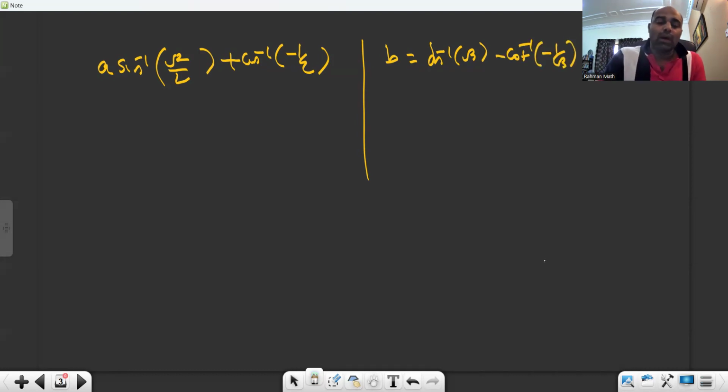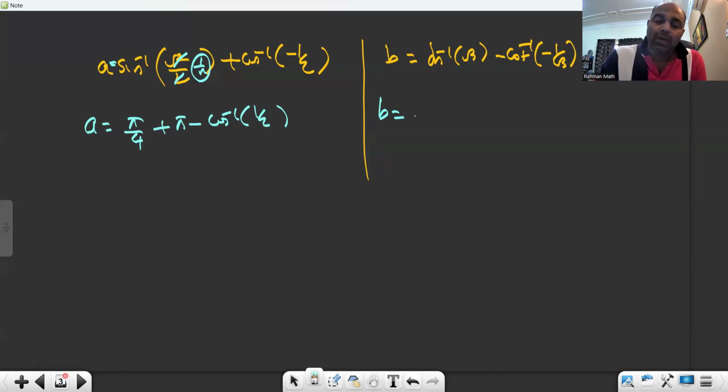The root 2 by 2 is what? 1 by root 2. Don't forget that. We can simplify A equal to sine, what is 1 by root 2? Sine 45. Here minus is there, so plus pi minus cos inverse half will come.